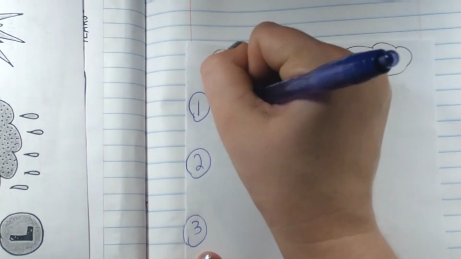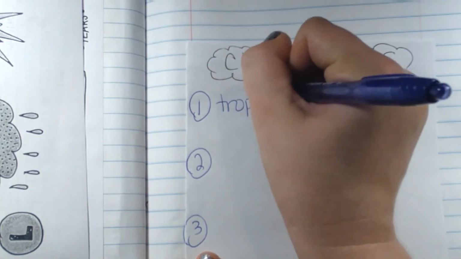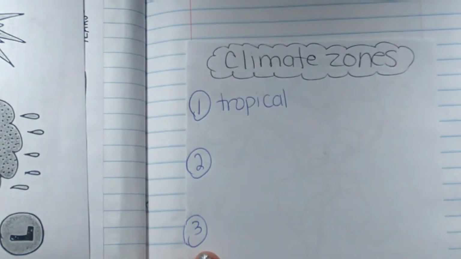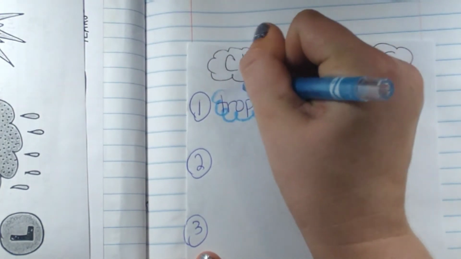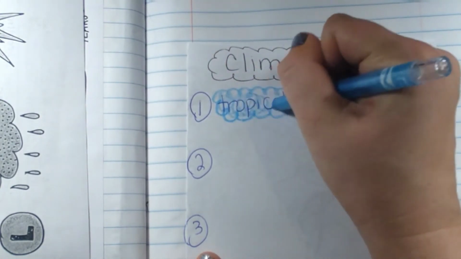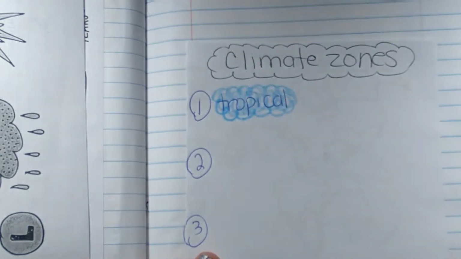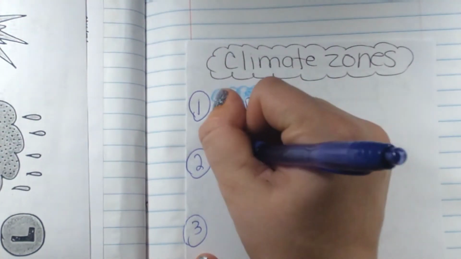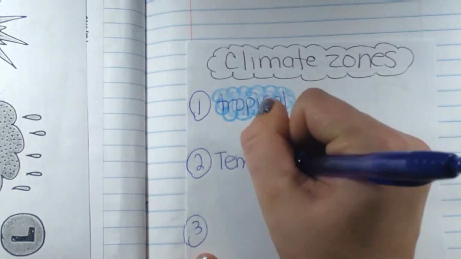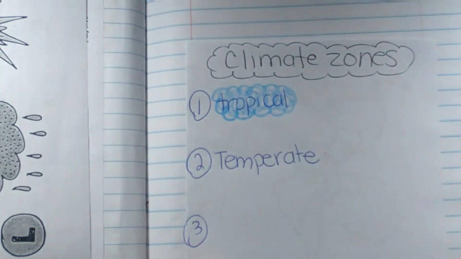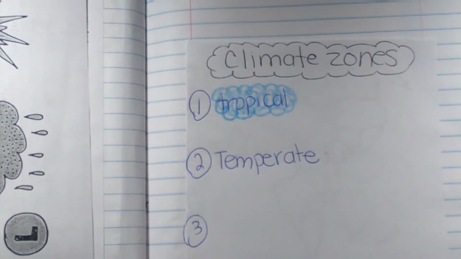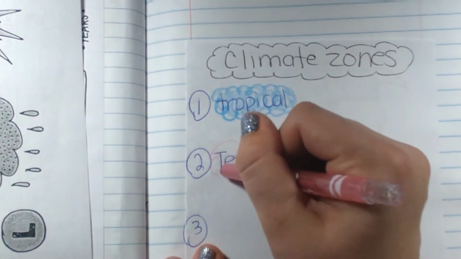Now, the first one is tropical. This one is going to be colored blue on the map. The next one is temperate, like temperature, but with an E. That is going to be red on the map.